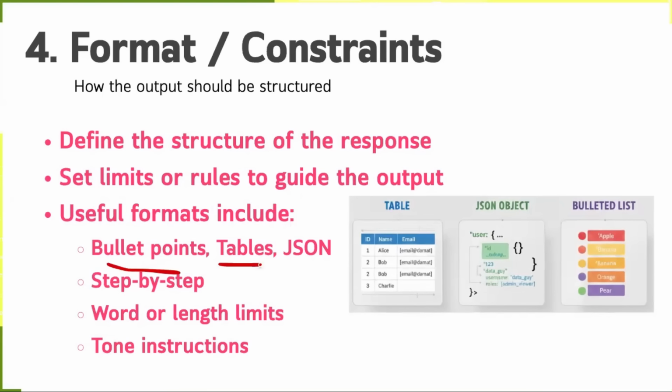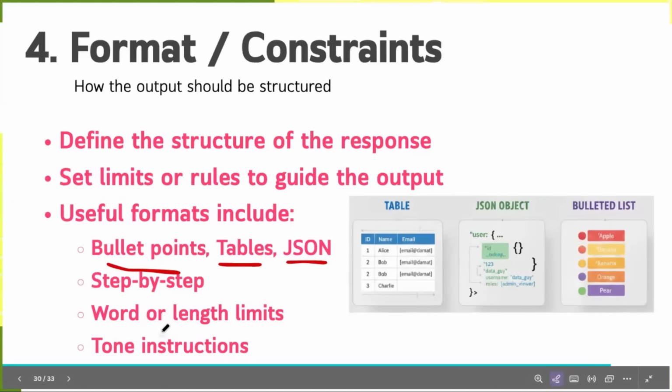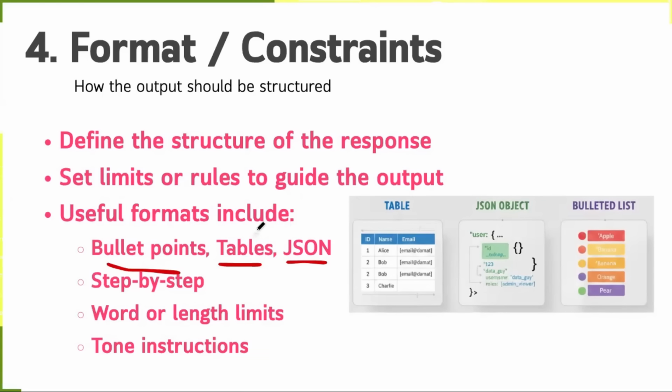You can also ask for a table, JSON, or any layout that fits your task. If you need the answer to stay within a certain word limit or follow a specific tone, this is where you mention it. This helps the model deliver the information in a clean, organized way that's easy for you to use.